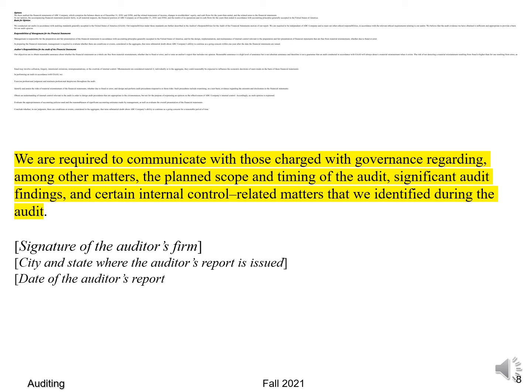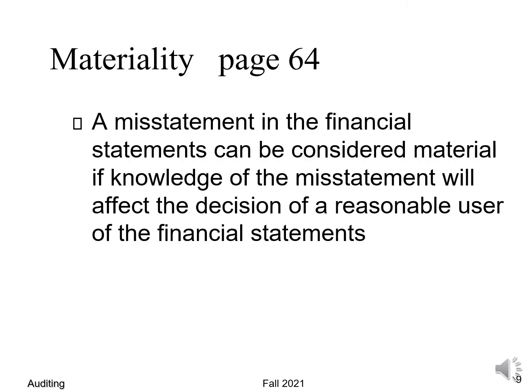We're required to communicate with those charged with governance regarding matters related to the internal controls. Okay, so that's for way later in the quarter, but it's in the report. Just want you to see how these things tied. And look, as you go through the course, rather than just memorizing things, see if you can figure out how things tie together.